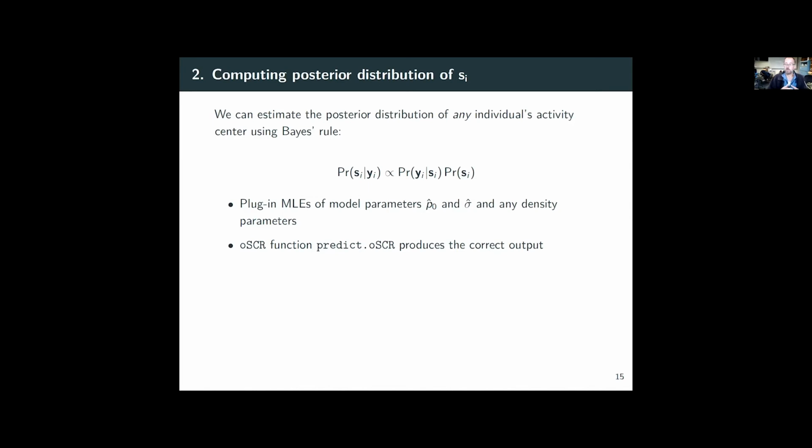It's going to produce them for all individuals in your data set, and it's also going to produce that for an uncaptured individual. There are individuals in your population that have the all zero encounter history. Those are uncaptured individuals, and so the predict.oSCR function is also going to produce an estimate of this posterior distribution for that all zero encounter history.